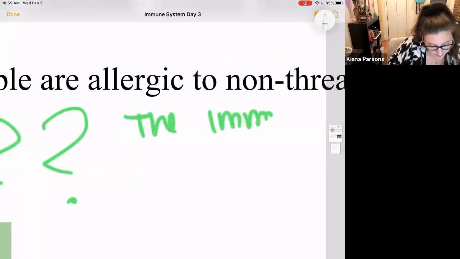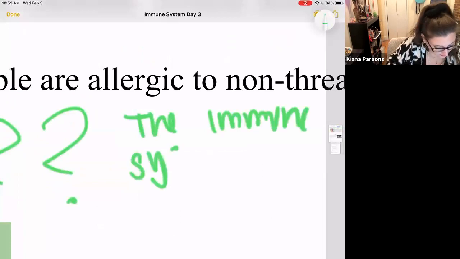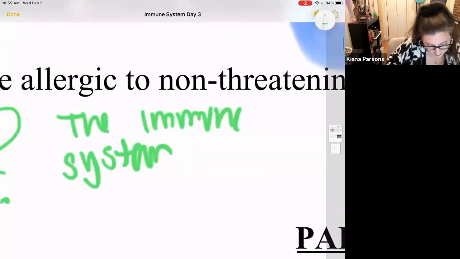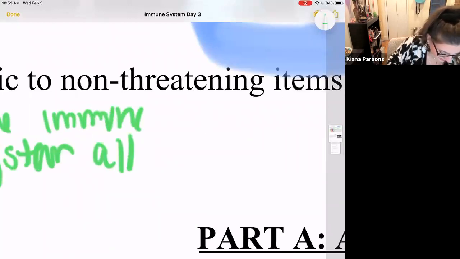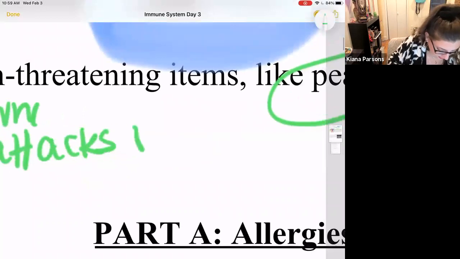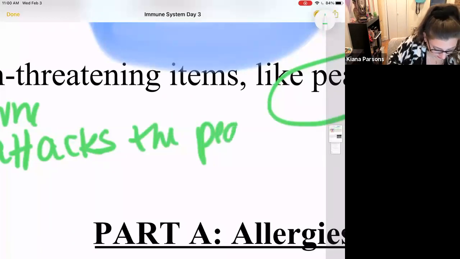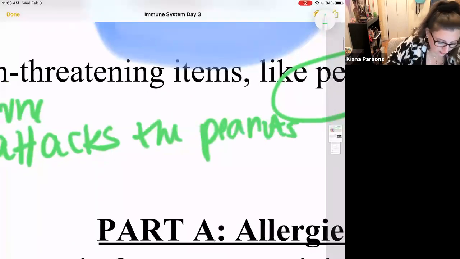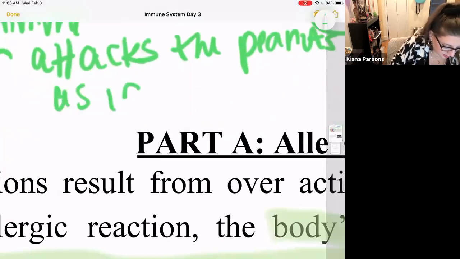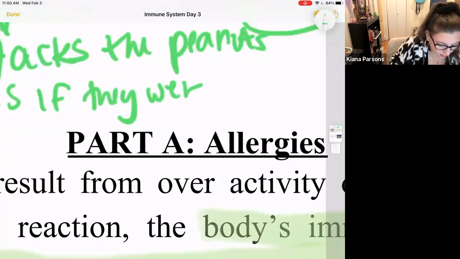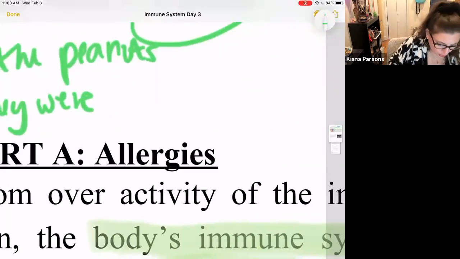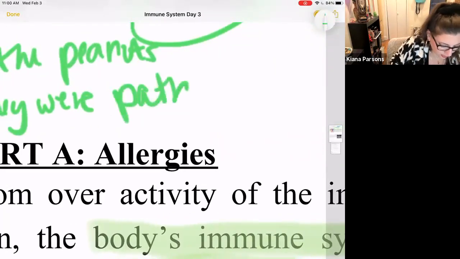The immune system attacks the peanuts as if they were harmful pathogenic invaders, or just pathogens.